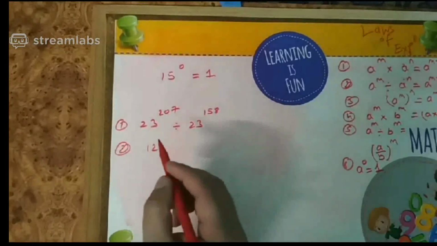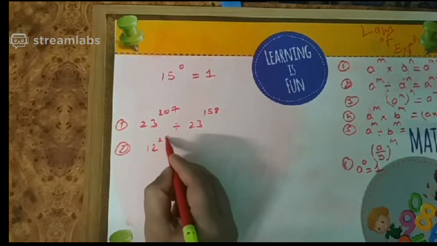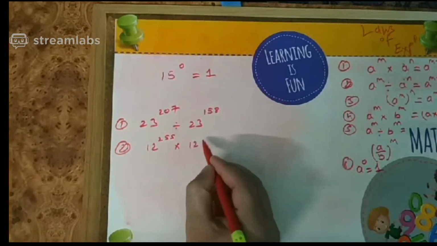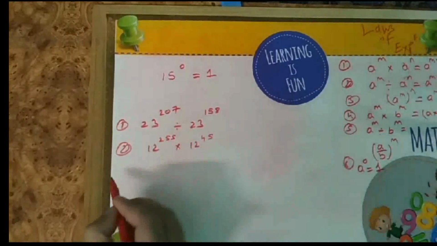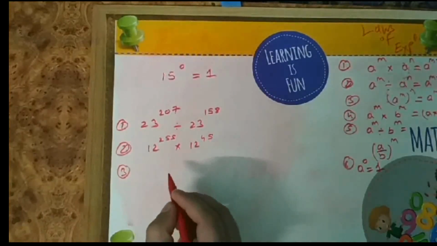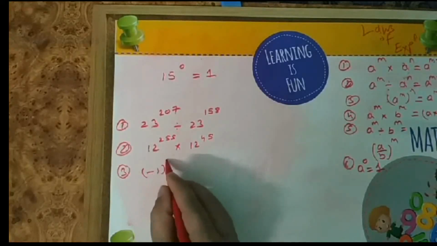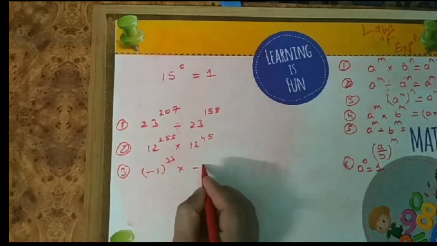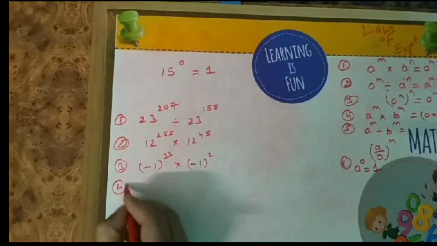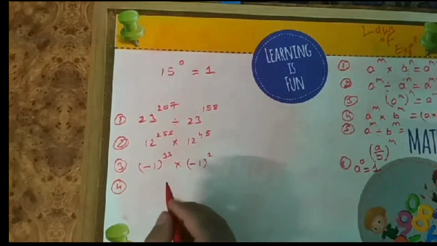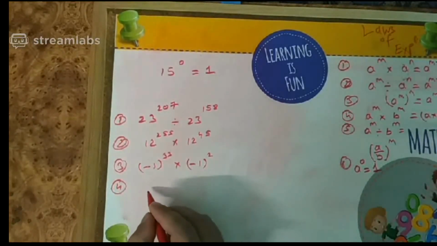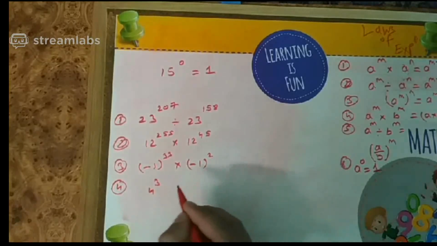Next question: 12 power 255 multiplied by 12 power 45. Next question: minus 1 power 33 multiplied by minus 1 power 2. Next question: 4 power 3 multiplied by 3 power 4.